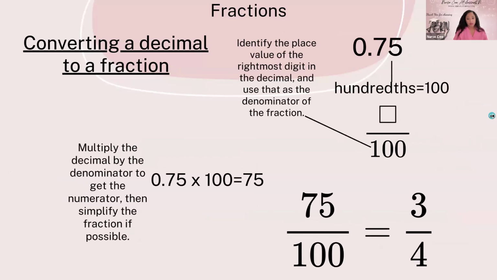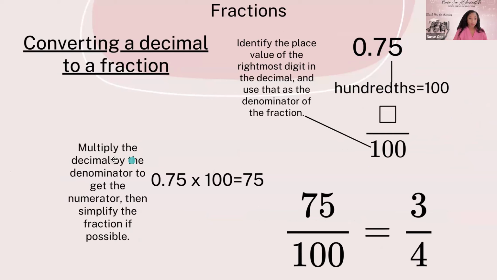skills. Okay, so here is how you would convert a decimal to a fraction. If you have your decimal, what you want to do is identify the place value of the rightmost digit in the decimal, and you use that as the denominator in the fraction. So you have your tens place, then your hundreds place, then your thousands place. This 5 is going to be in the hundreds place, so our denominator is going to be 100.